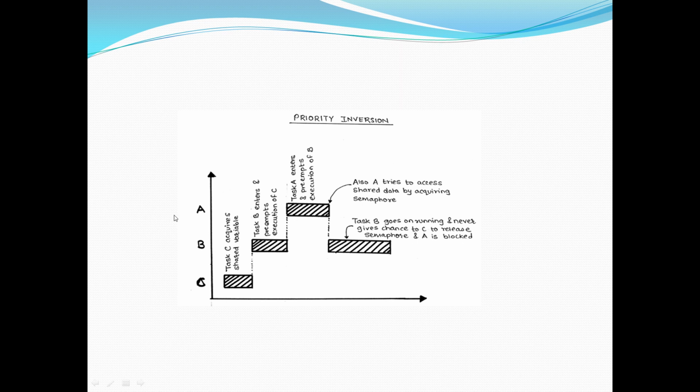In this diagram, lastly, task B goes on running and never gives a chance to C to release the semaphore, and hence A is now in the blocked state.